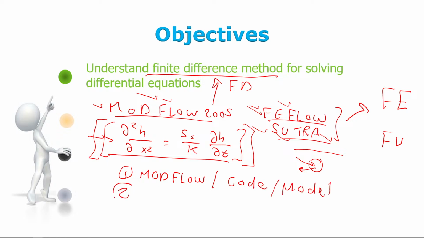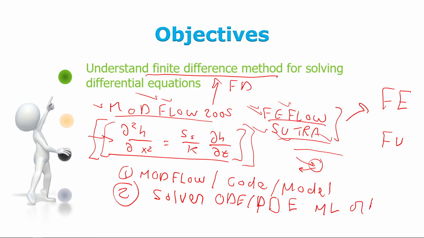The second level is that you come up with your own equation and there's no existing code or model, and then you use a solver, like an ODE or PDE, partial differential equation solver of MATLAB, for example, or Python.